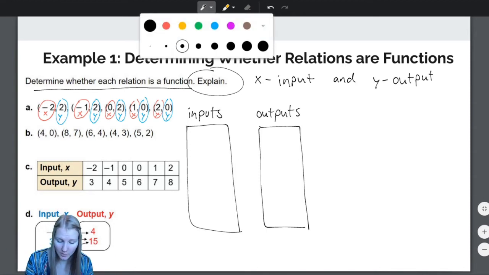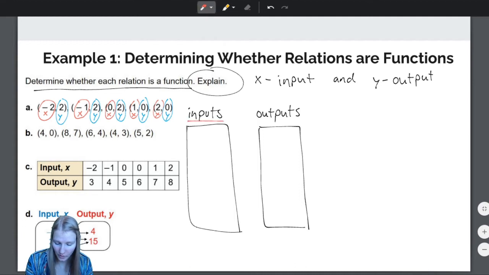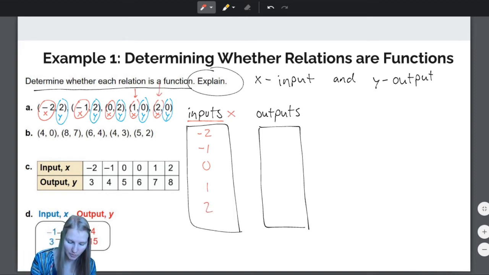So I'm going to put all of my inputs, or all of my x's, in the first box. I have -2, -1, 0, 1, and 2. Awesome. I just pulled those right from the points that they gave us. Okay.